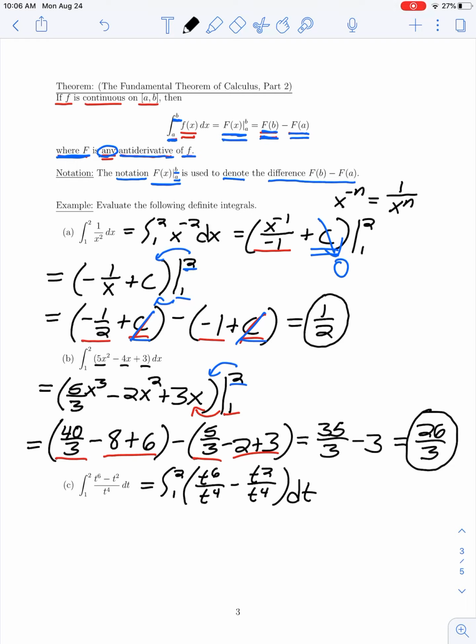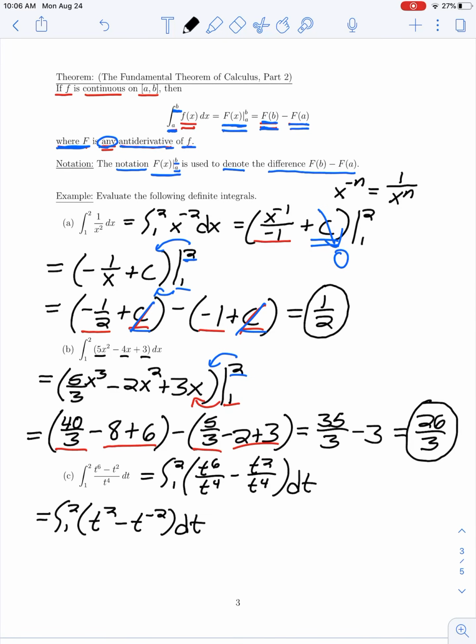And now, simplifying, the first term of my function, t to the sixth over t to the fourth, is simply t squared. And then I'm subtracting, I had t squared over t to the fourth, which gives me t to the negative 2 power, or 1 over t squared.